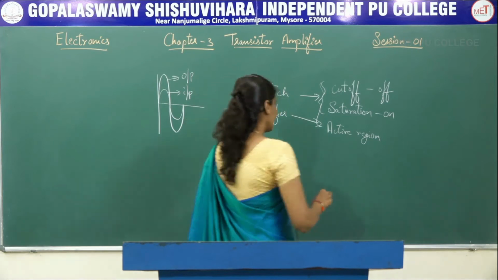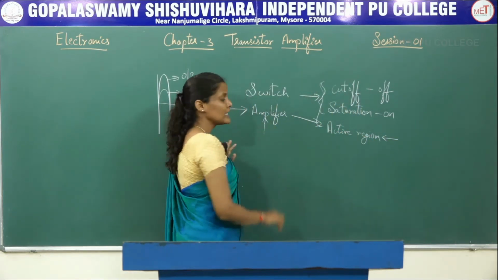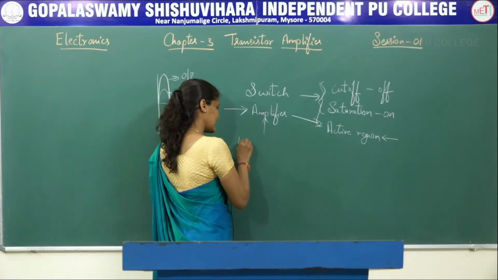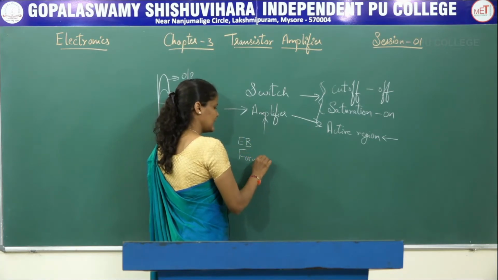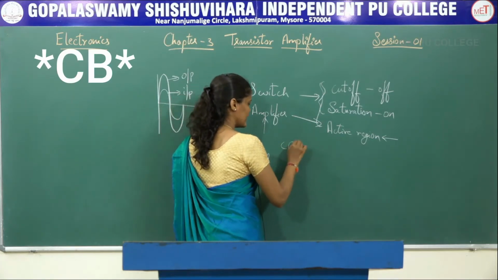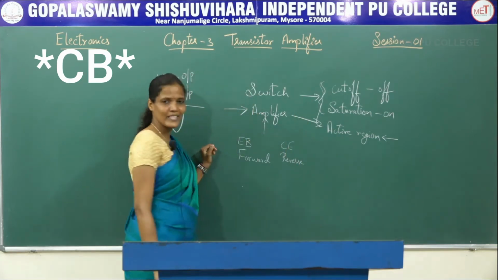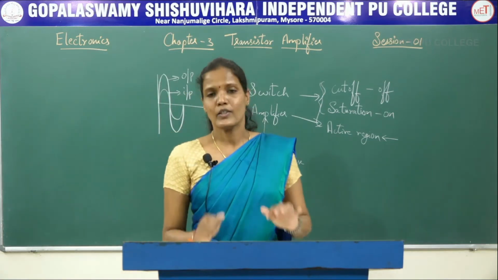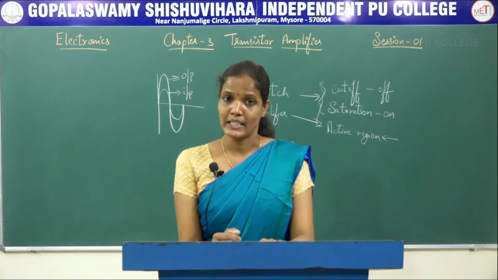In the active region, if I want the transistor to work as an amplifier, the emitter base junction has to be forward biased, and the collector base junction has to be reverse biased. So biasing is very important. In this chapter we are going to see how the transistor will work as an amplifier.